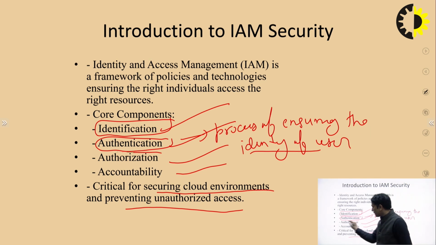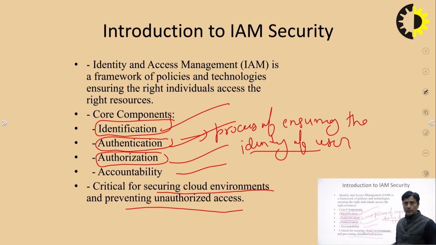What is authorization? A very similar term to authentication. Authorization is the next level of security. In authentication, you ensure that this person is legitimate and can enter the system.